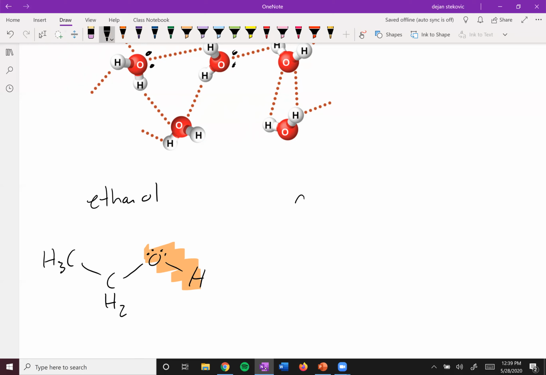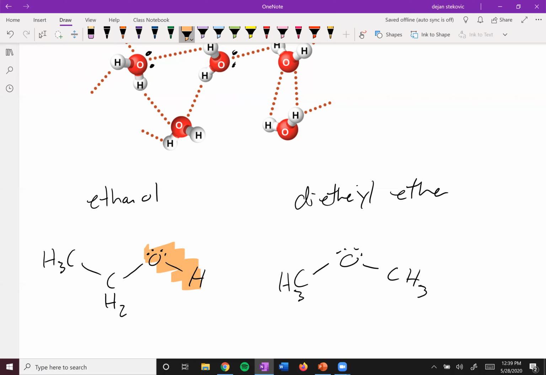And then we think about diethyl ether. They have the same chemical formula, but this one does not have a hydrogen bond. It has an oxygen, but the oxygen is not connected to a hydrogen.